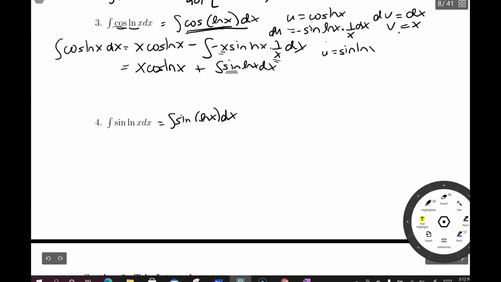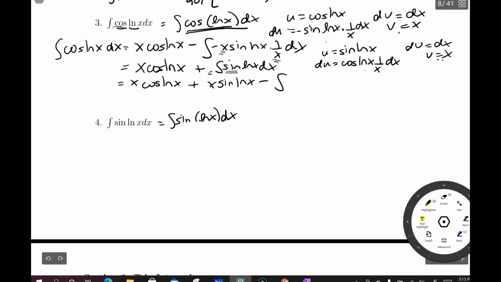So let's let u equal sine of ln of x, dv is dx. So be careful with the chain rule here, right? Times 1 over x dx, and here v is just x. Okay, so there's nothing to carry along the front, so let's just do it. So I get uv, x sine ln of x, minus the integral of v du.